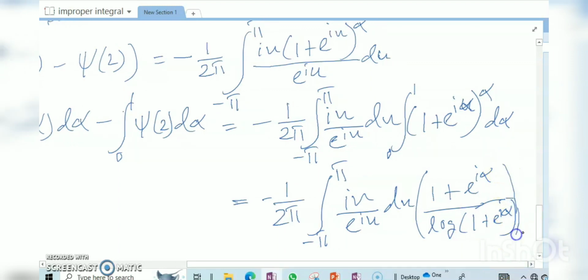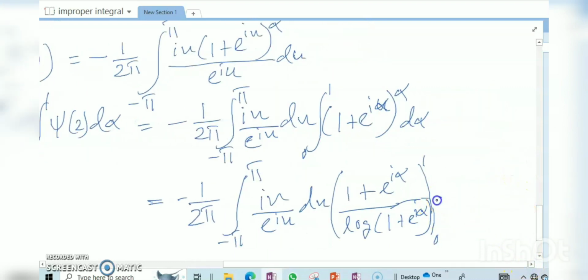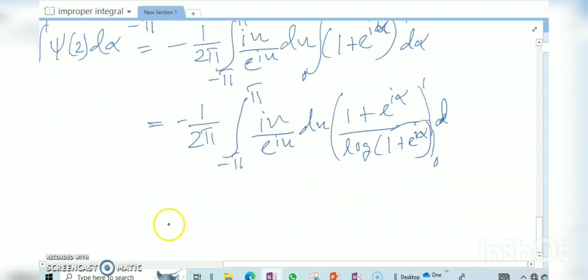It is clear. So it is 0 to 1 d alpha. The d alpha will be removed because I just used the differentiation.